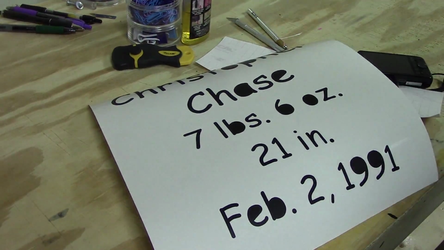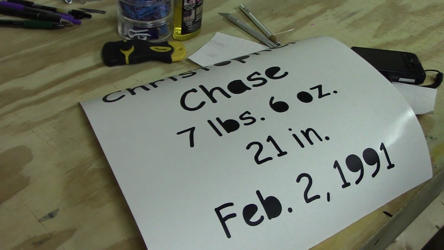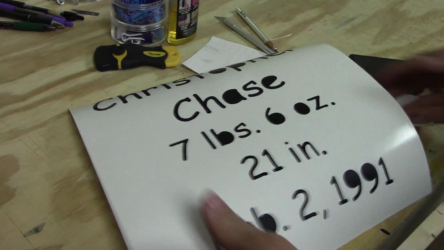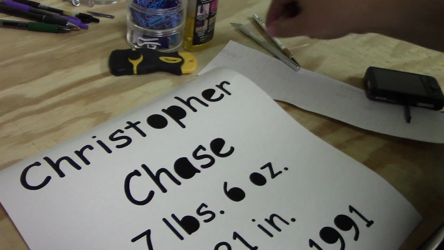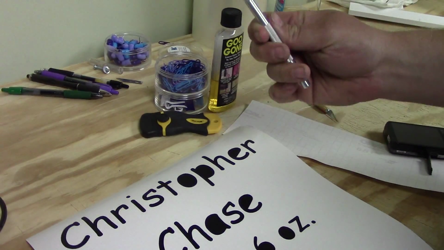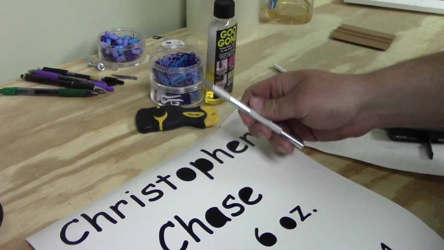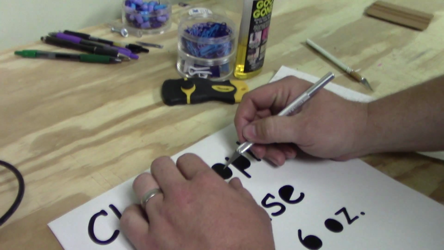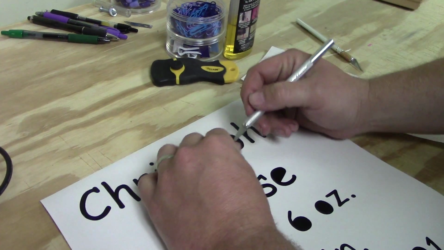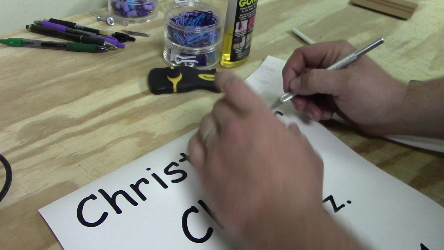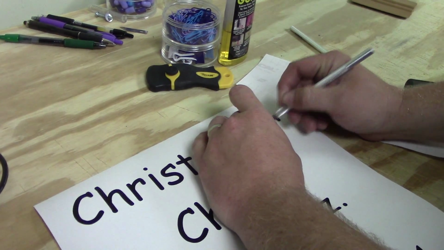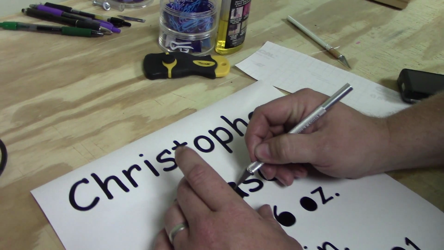So now we have our vinyl cut. Everything seems to look pretty good. I just normally take an X-Acto knife here and pick out all the middle of all the letters that need to be picked out.